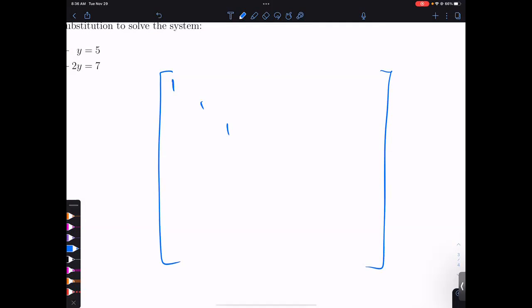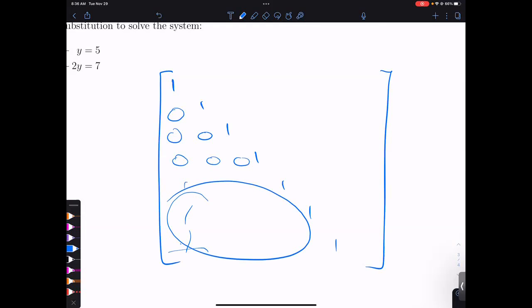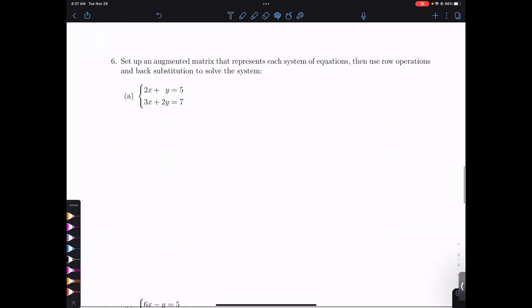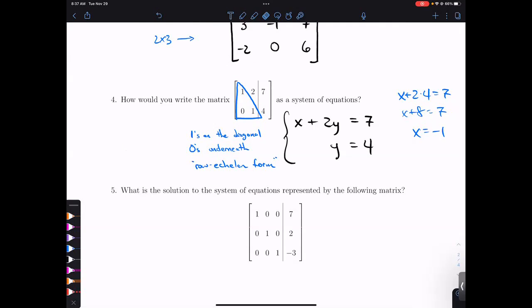But if you've got 1s down that diagonal and 0s underneath, then what that last row tells you, say this was a 5, what that last row tells you is that this thing is 5. Well, if that thing is 5, then the row above it says, well, I can find the second to last thing. And the one above that, I can find the third to last thing. If I keep doing that forever, I can figure out all the stuff, right? So this row echelon form is something that we can use for solving a system because, again, we've done some of the hard work.